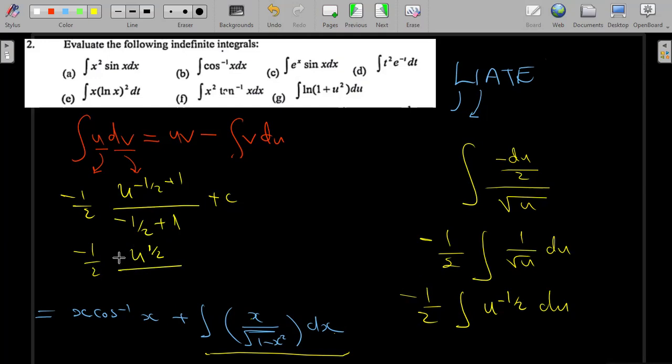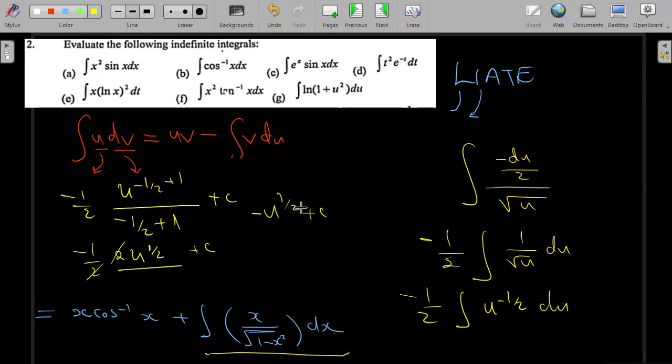But I can write that just as 2 there, because it is dividing. So I just write a 2 there. Then I can divide this into there, and I remain with a negative there. And of course my constant c. So this will be negative u to the half plus 1 plus c.